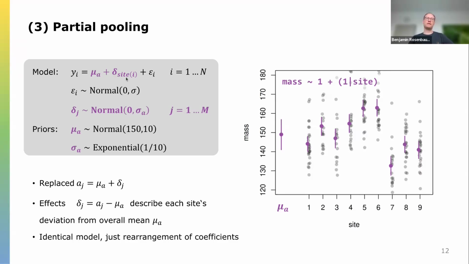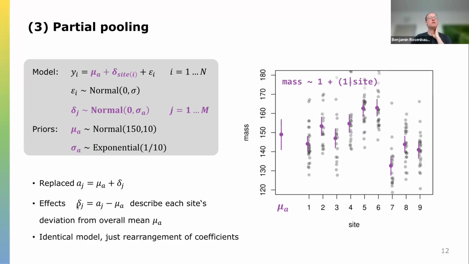And then now the site level deviation here is kind of this random term, and we assume that it comes from a normal distribution, but now centered around 0. So if you replace a_j by the overall mean plus the site level deviation, you will arrive at this model.